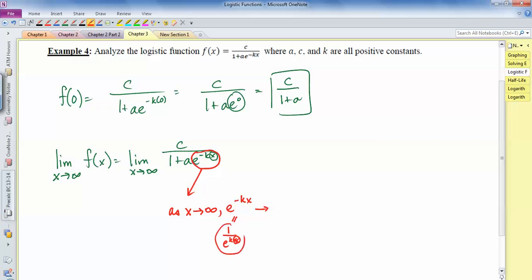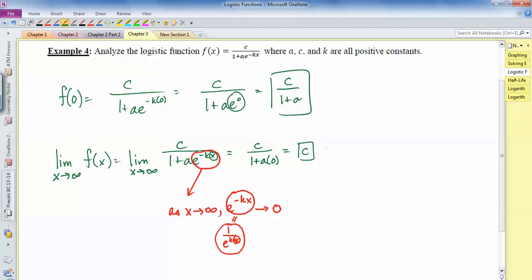So this thing gets really close to 0, which means this version of it also gets really close to 0. So then I can come back up here and say this turns into c over 1 plus a times 0, which is just c.